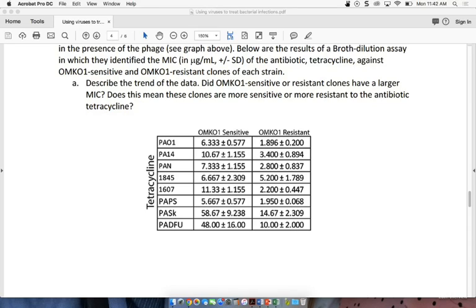In other words, Pseudomonas aeruginosa can show resistance to antibiotic, or can show resistance to phage OMKO1, but it can't be resistant to both at the same exact time. The reason is that both of those pressures depend on the efflux pump. The phage relies on the efflux pump for attachment, and the bacteria relies on the efflux pump to be resistant to antibiotics.